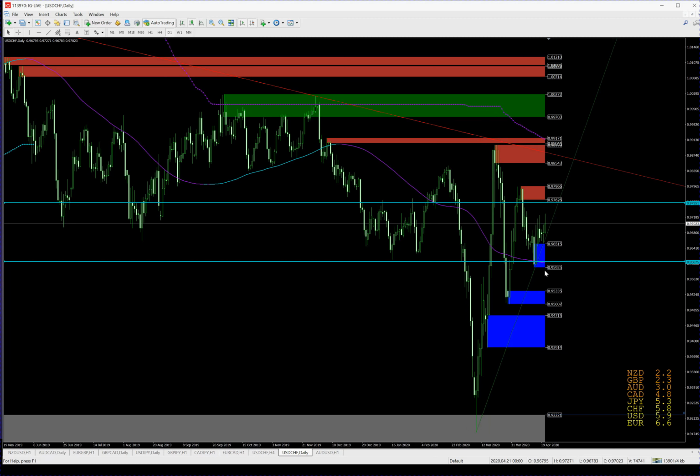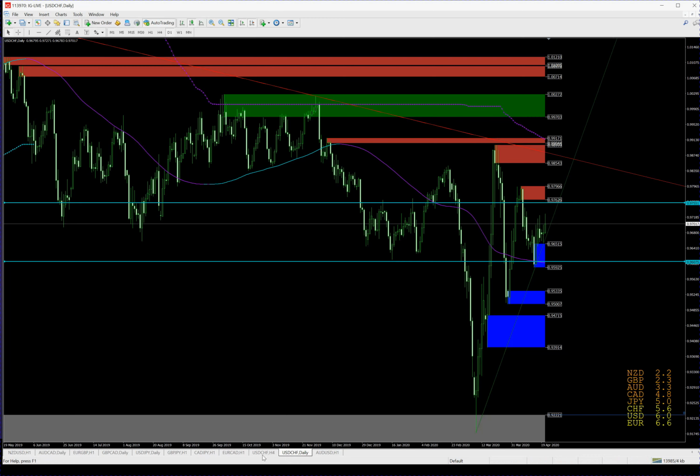Price is staying within these levels for the most part, and we're just looking for a real nice break. And once we have the first leg up or down in a defined trend, then we can look at some more entries into the dollar CAD or dollar franc.